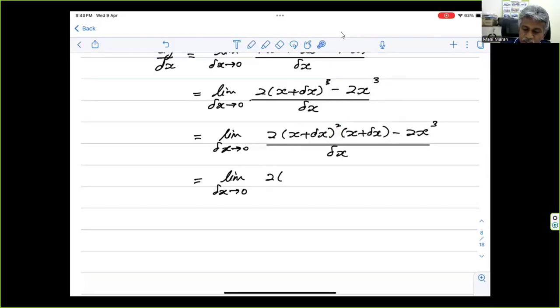So this will be given by x squared, and then take the 2 multiplied by the front part and the back part, and then delta x squared. So you'll get x squared plus 2x delta x plus delta x squared. When you expand this function alone, you are going to get this.